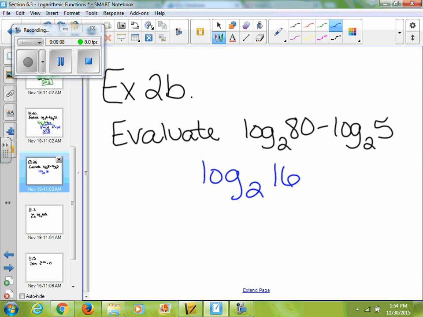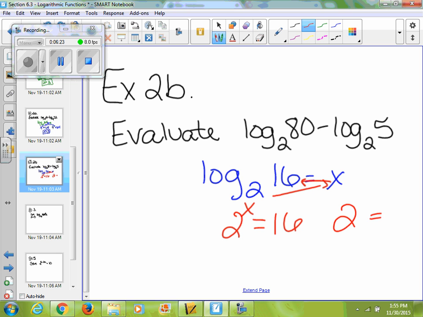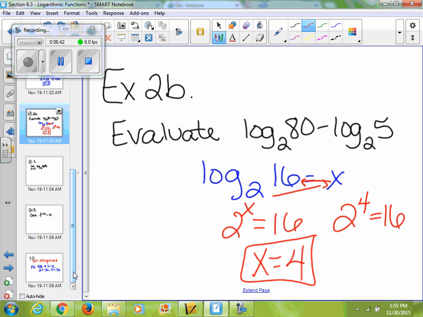So I get log base 2 of 16. Since I want to solve that, I have to set it equal to a variable, so equal to x. Then if I zigzag, I get 2 to the x is equal to 16. So 2 to the 4th is equal to 16, which means x is equal to 4. Okay, so when adding logs, multiply the insides. Subtracting logs, divide the insides.